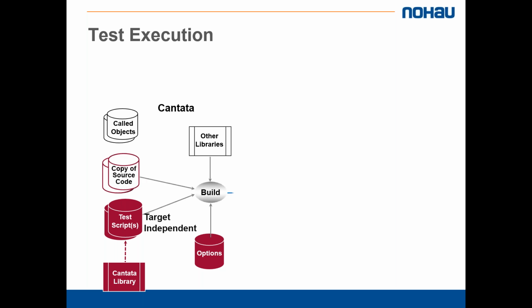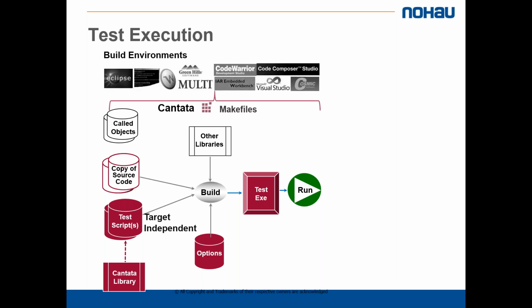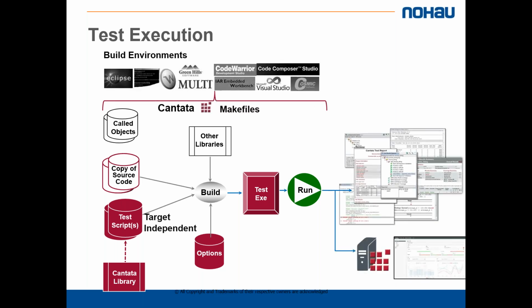Together with the libraries from Cantata and the test scripts that you create, you get an executable, and you run that executable on your host or target, or wherever you want to run it. All of this you can do from the IDE or the build environment that you are using.